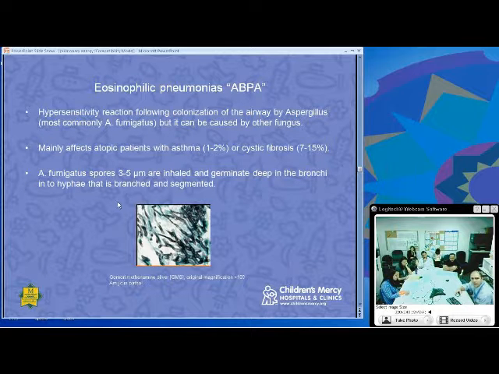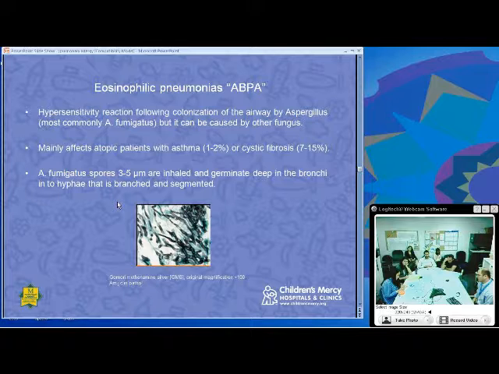So ABPA. ABPA is a hypersensitivity reaction that follows colonization and sensitization by Aspergillus. The most common is Aspergillus fumigatus, but you can be sensitized to other types of Aspergillus or even to Candida. It mainly affects patients that have an atopic component or a chronic lung disease.